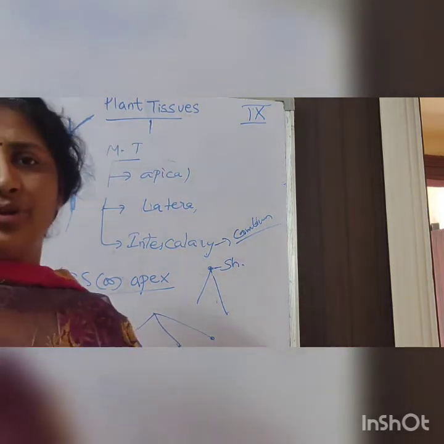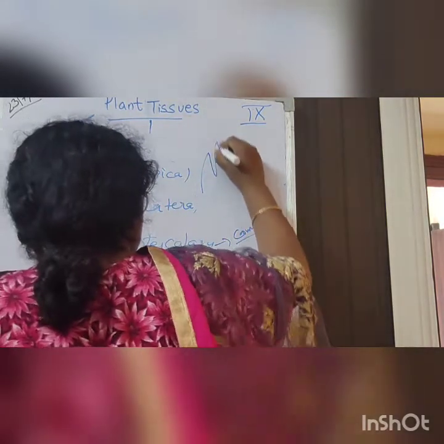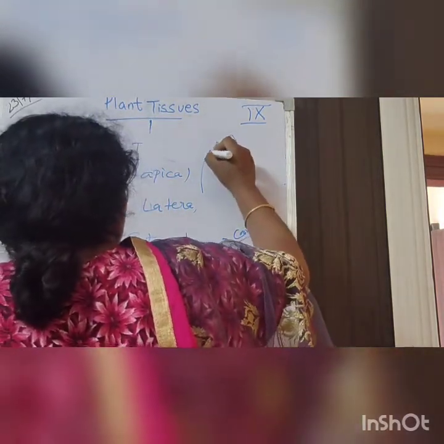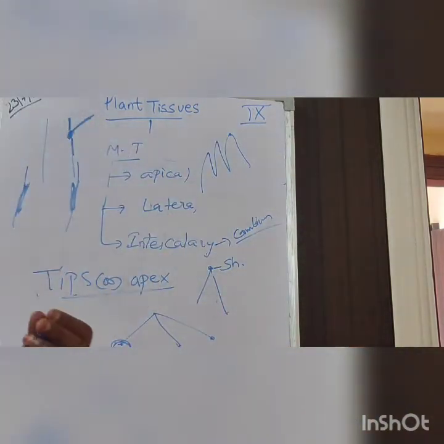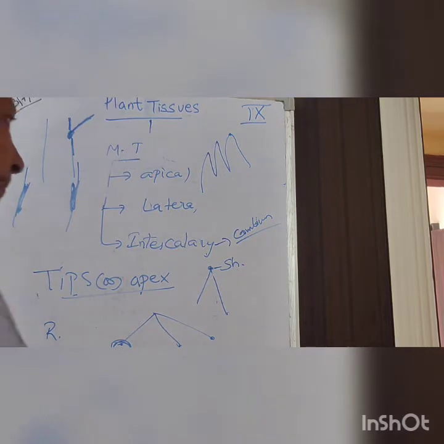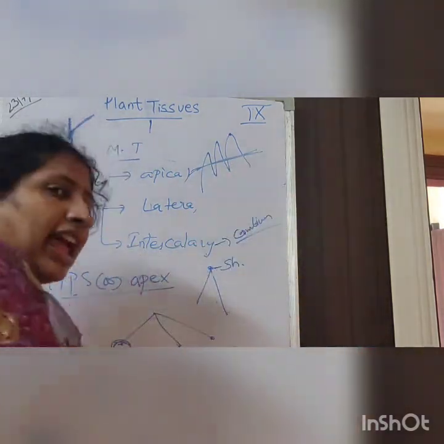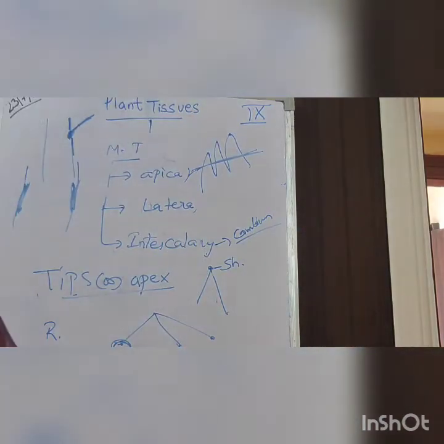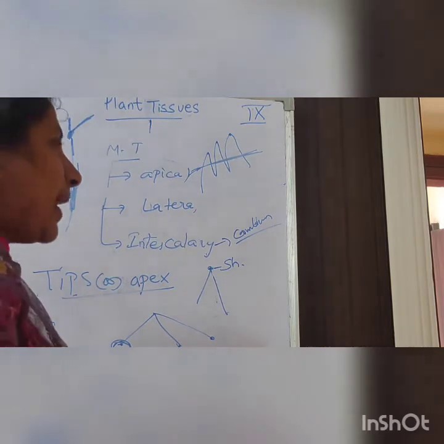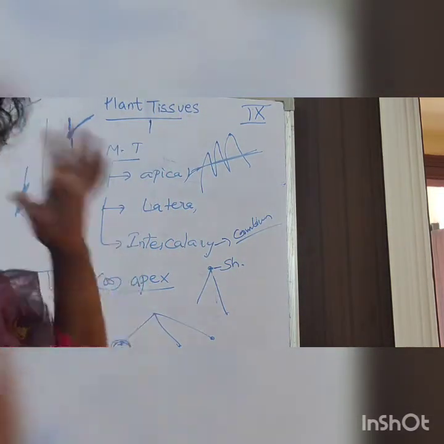I have seen one question on the net. Suppose a grass plant is seen like this. You have apical meristematic tissue at the tips. Suppose a buffalo or a cow is coming and eating this grass. We know that apical meristematic tissue is helping the plant to grow. What happens if the apical meristematic tissue has been eaten by the goat or cow?